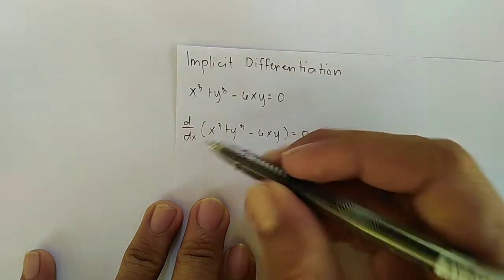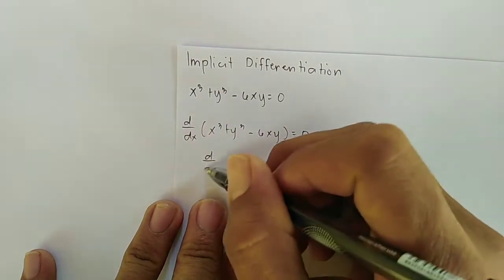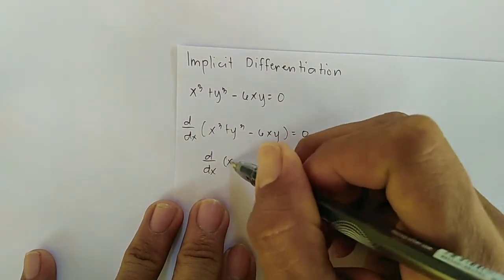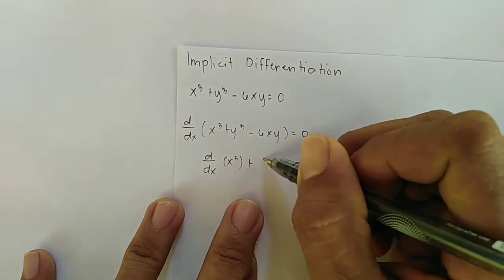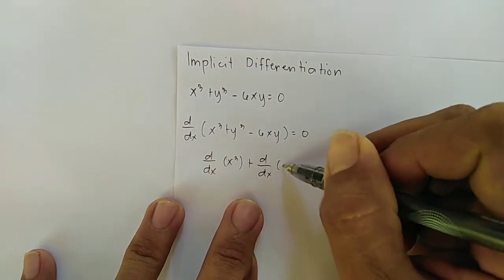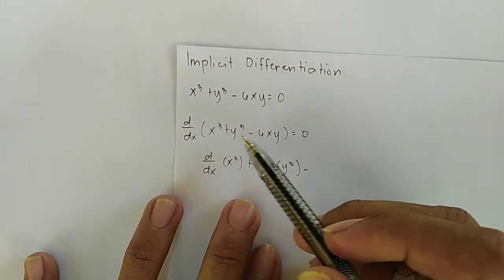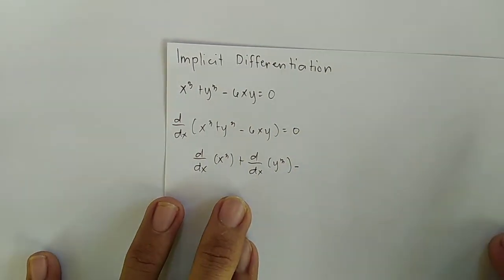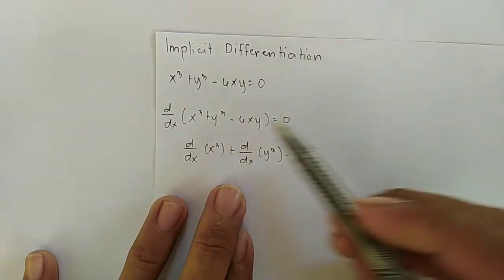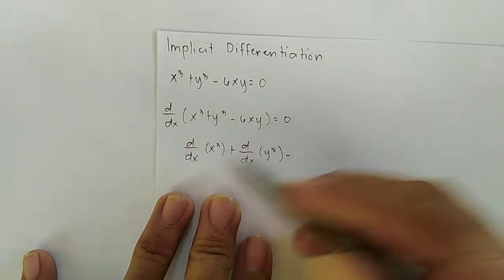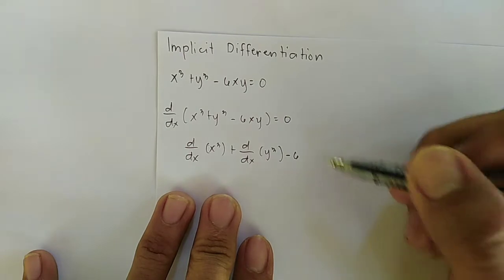So distribute the notation for the derivative: d over dx of x cubed plus d over dx of y cubed minus, in this case we have a numerical coefficient. So we have to write first the numerical coefficient before the notation for the derivative.